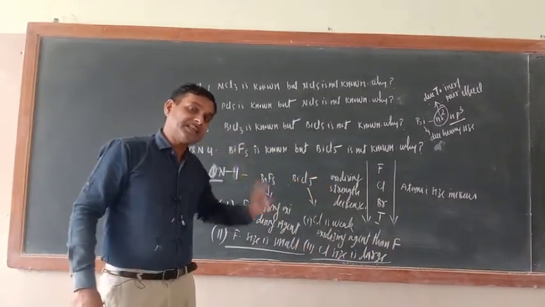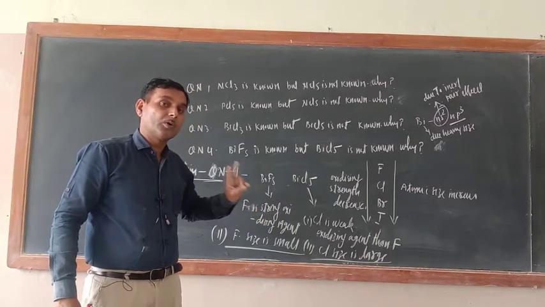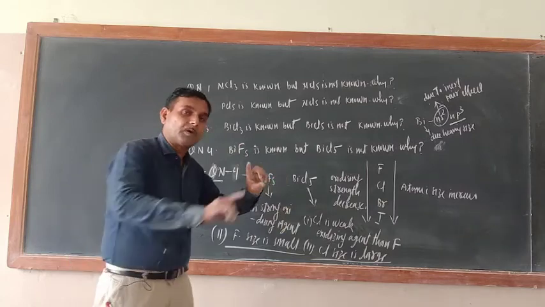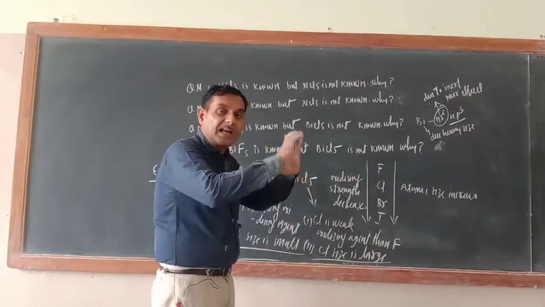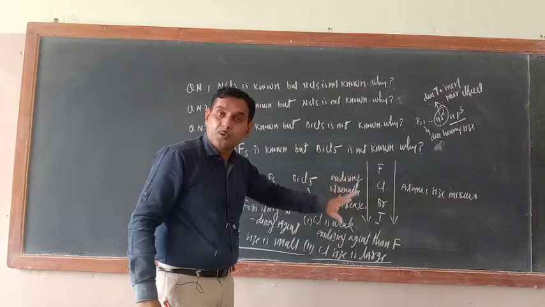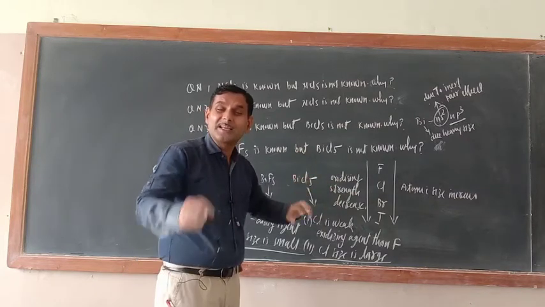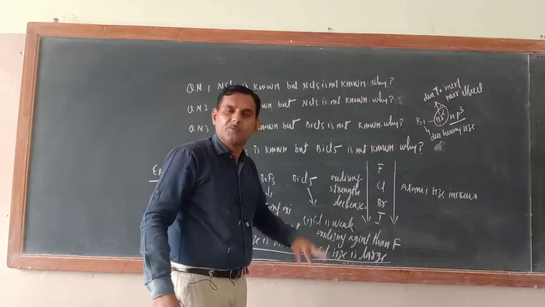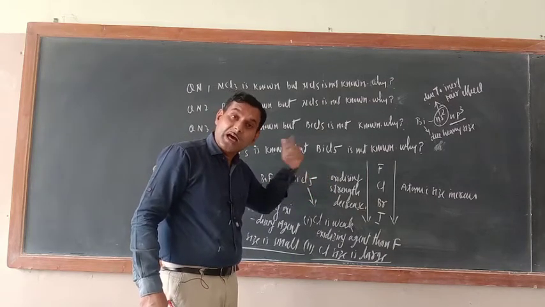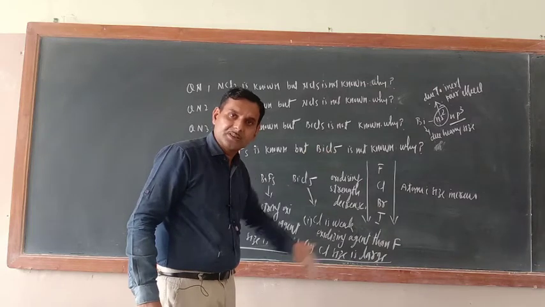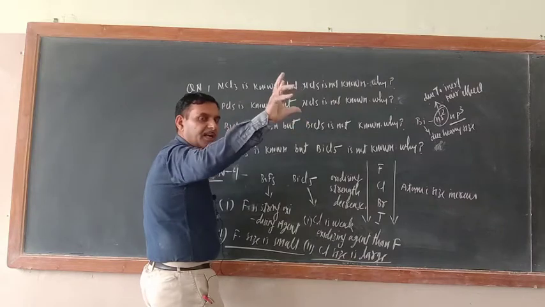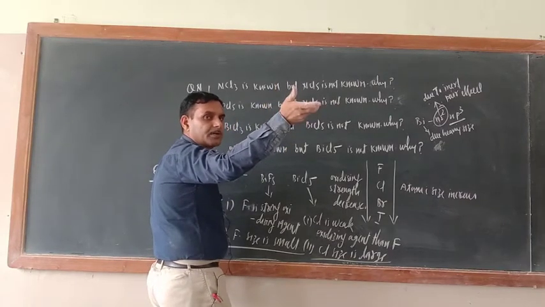If chlorine size is large, the 5 chlorine atoms cannot accommodate around the bismuth. There will be steric hindrance. You might have heard, steric hindrance arises due to large size of atoms or ions. So due to bigger size of chlorine, bismuth cannot accommodate those 5 chlorine atoms.